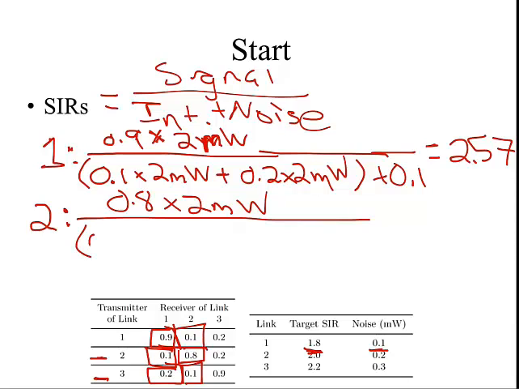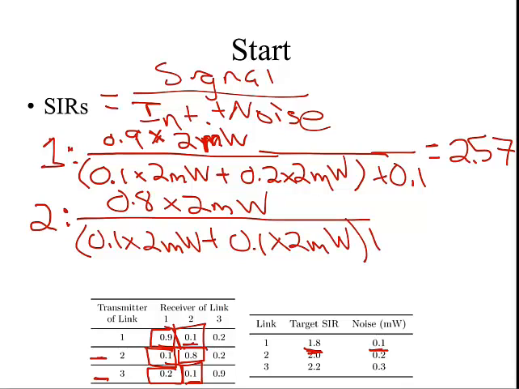So we take 0.1 times 2 milliwatts plus 0.1 again, because both of these indirect gains are 0.1 in this case, times 2 milliwatts, plus the receiver noise, which is 0.2 for this guy. And we get about 2.67, which again is higher.